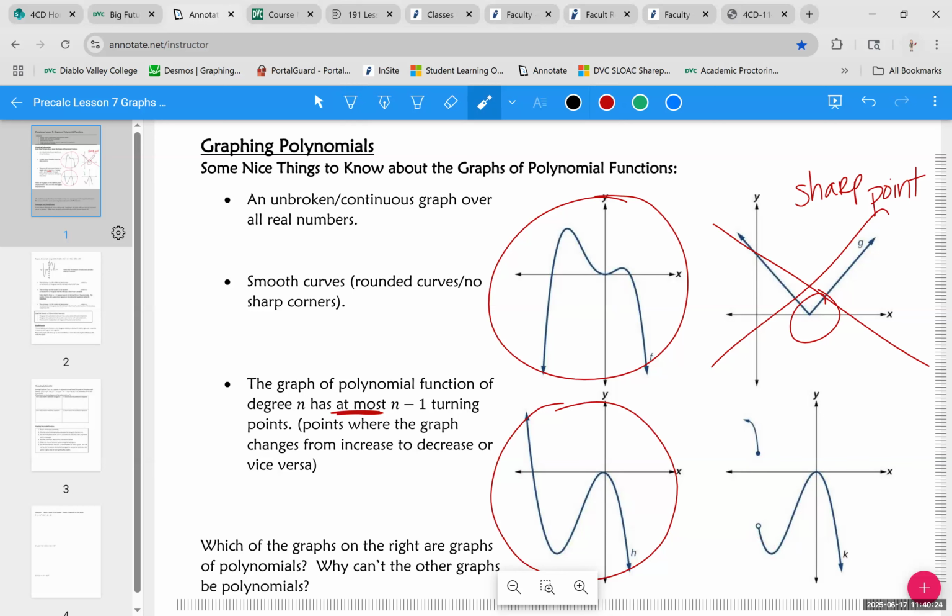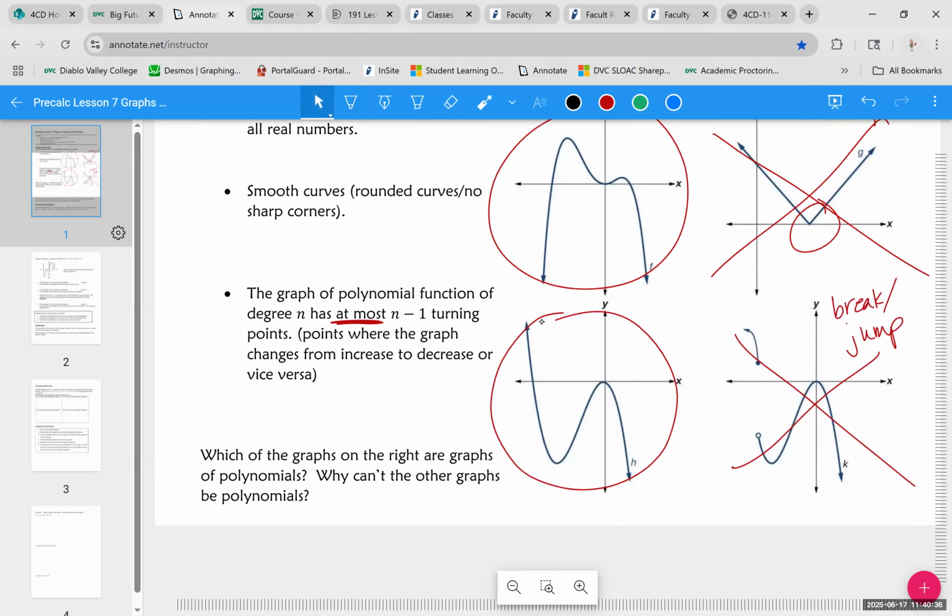So that does not happen in a polynomial. This has got a break, or you could call it a jump, and that is not a characteristic of a graph of a polynomial. I think I said in the last lesson that mathematicians call polynomials well-behaved functions, and you can see visually why that is the case.